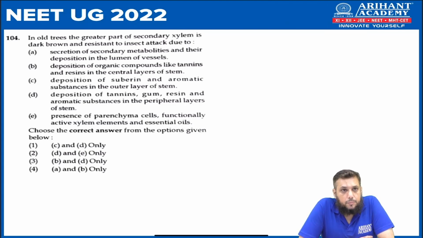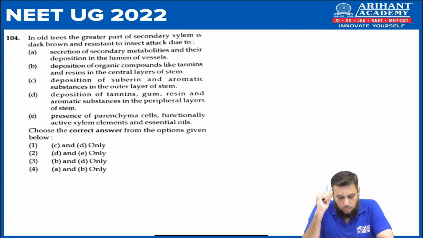In old trees, the greater part of secondary xylem is dark brown and resistant to insect attack due to. So when they say that in older trees the greater part of the secondary xylem is dark brown, what are they talking about? Think about that first. They are talking about the heartwood and not the sapwood.